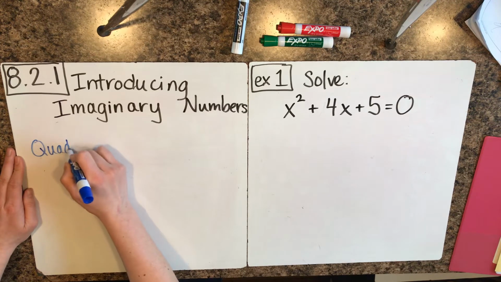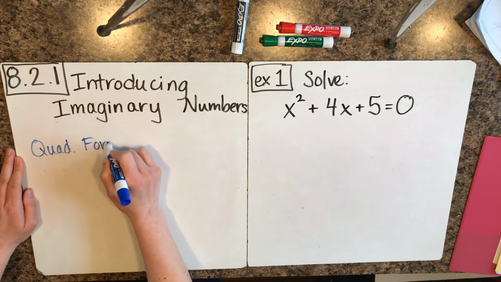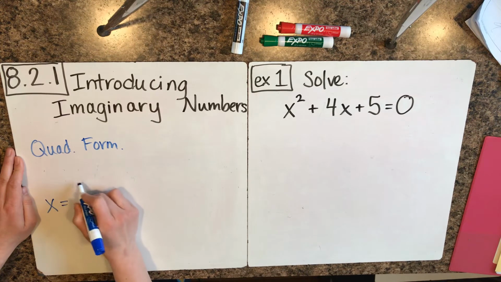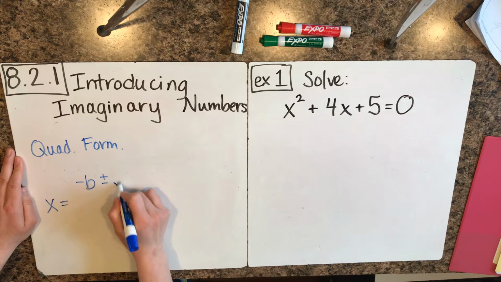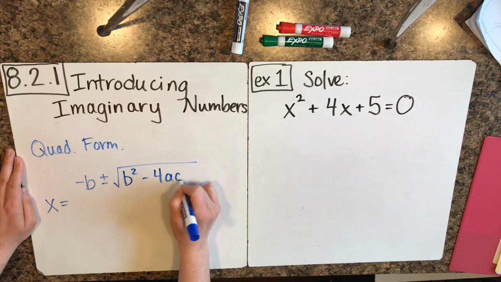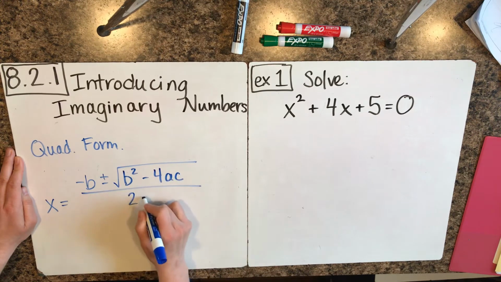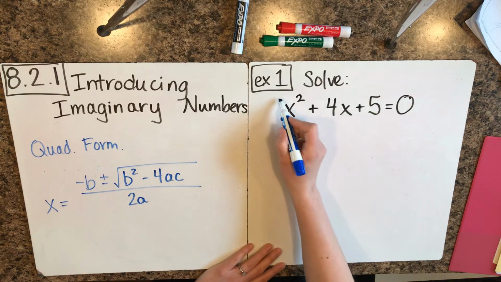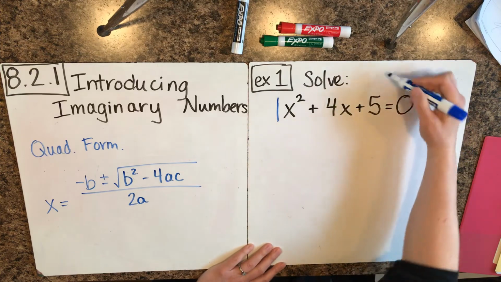And this is something that you guys have to know, so make sure you write this down if you don't already know it. The quadratic formula is negative b plus or minus the square root of b squared minus 4ac all over 2a. Okay? And remember, whatever number is in front is the a value.